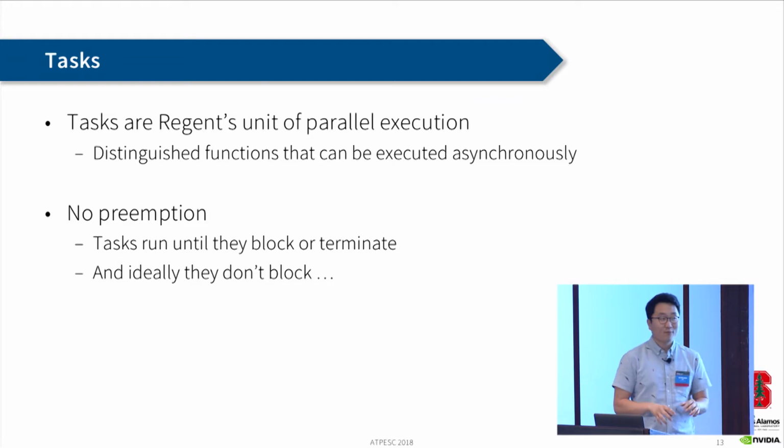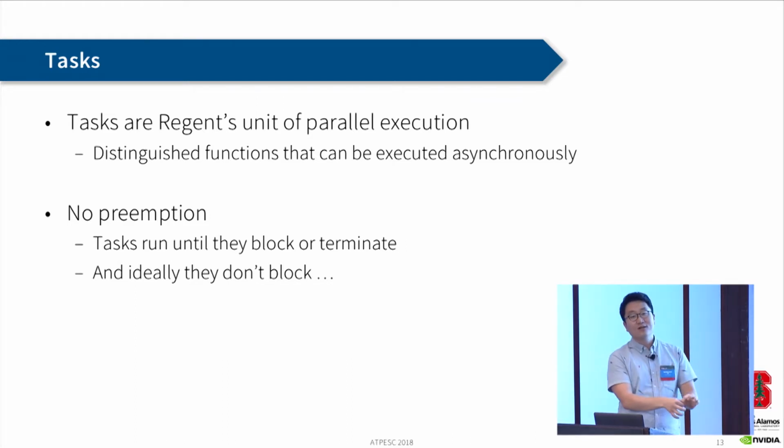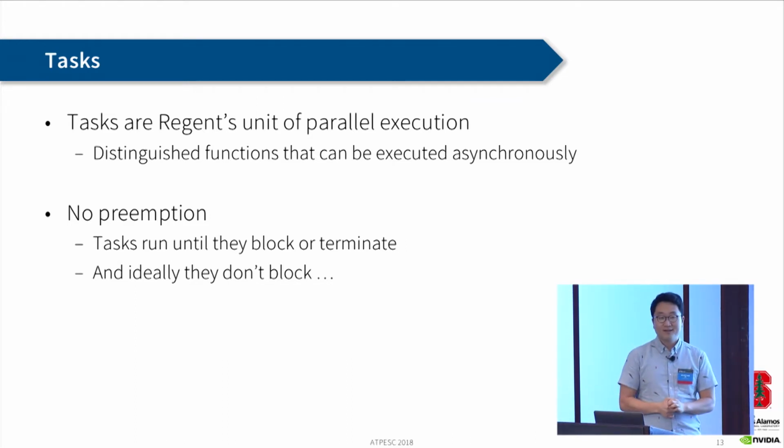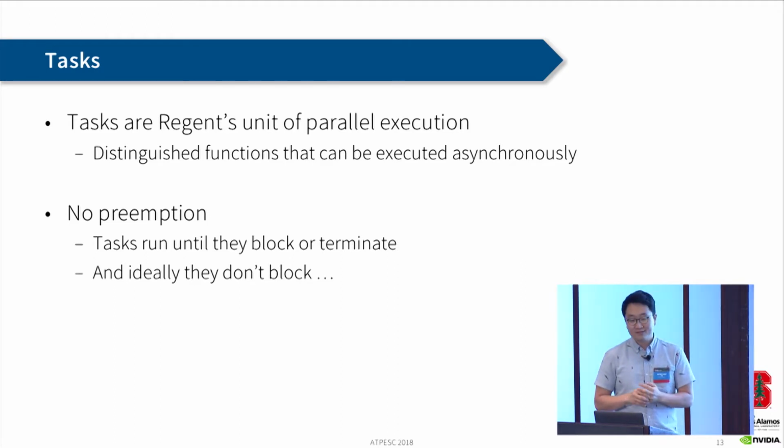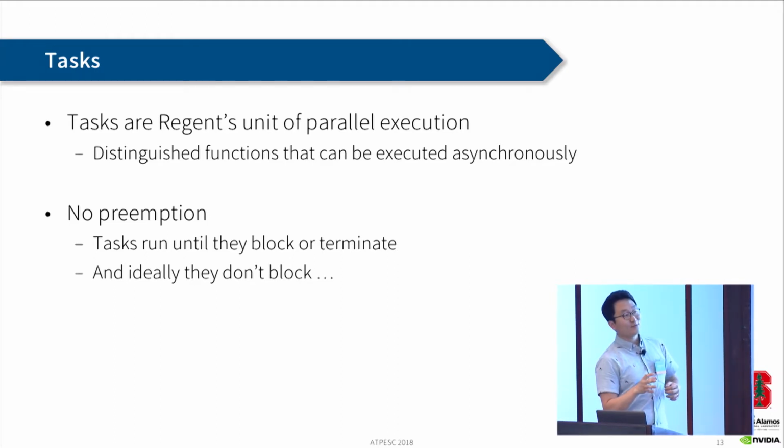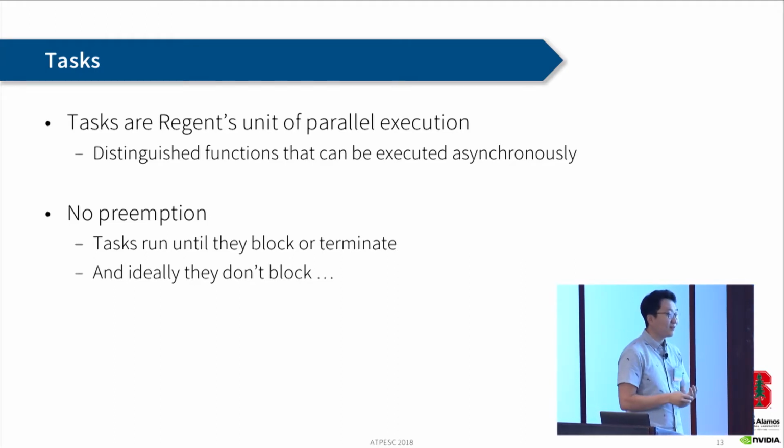Okay? So when the task is scheduled on a particular processor, there is no preemption, except that the task gets blocked by something or it terminates. So you can assume the task will run to completion once it's scheduled on a particular processor.